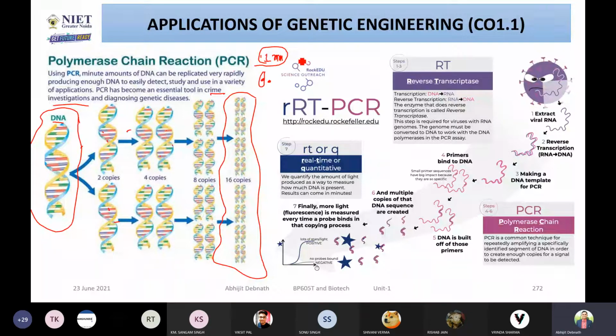It will be very little, right? So if your DNA sample is very small and you try to get the sequence, it will be very difficult to analyze. And if you make any mistake, in that case you will not be able to analyze the things in a correct manner.